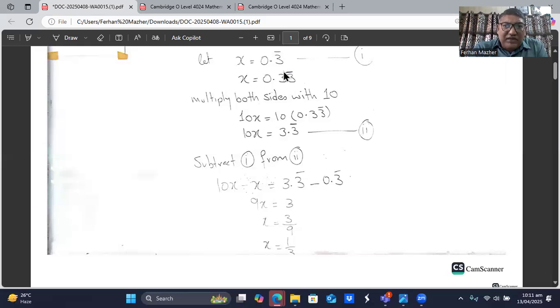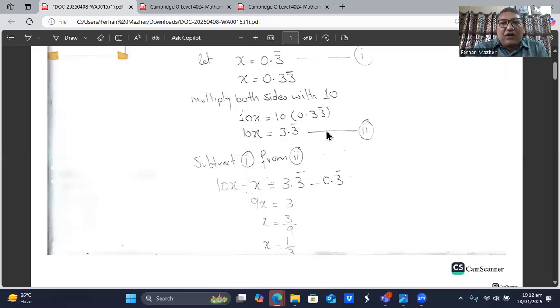I just want the 3 bar to be at the first decimal place again. I could multiply by 10, or 100, or 1000; I want this 3 bar to be on the first decimal place. So I choose 10. Now 10x is equal to 3.3 bar.